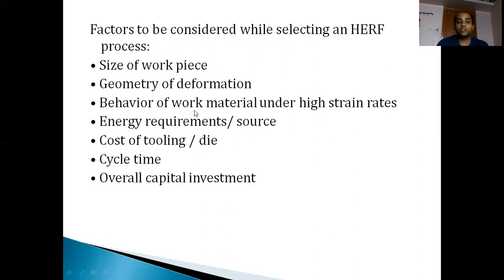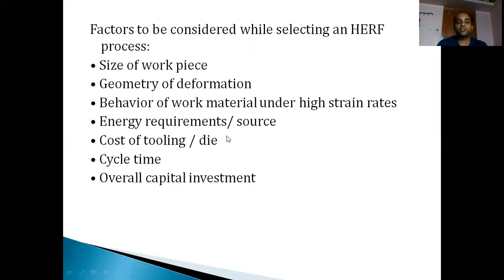Then for this deformation, here we are not using the force, but instead of that we are using the energy requirements. So how much energy is required, that you have to calculate, and whatever energy is required, how we should develop this energy, or from where the energy has to be transferred.